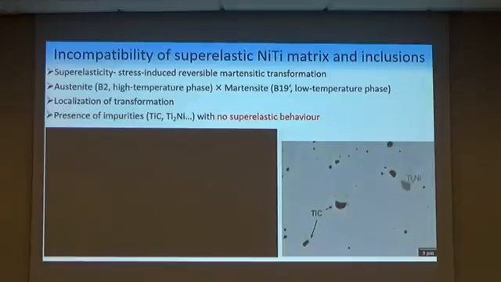And the problem is that nitinol wires contain a large number of impurities, especially titanium carbide, and these particles don't exhibit superelastic behavior. So we have a superelastic matrix, but very rigid inclusions.